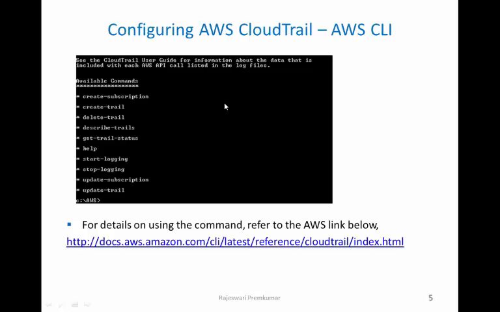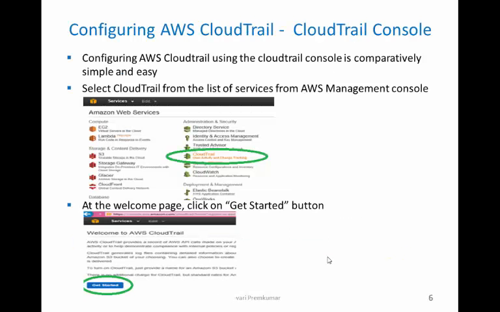It was there already, but in case it is not there, you might want to check how to have this added. For details on these commands, you can go to the Amazon website. The link is given here. If you click, it will describe what each command does and what all the parameters are that have to be passed to the commands.